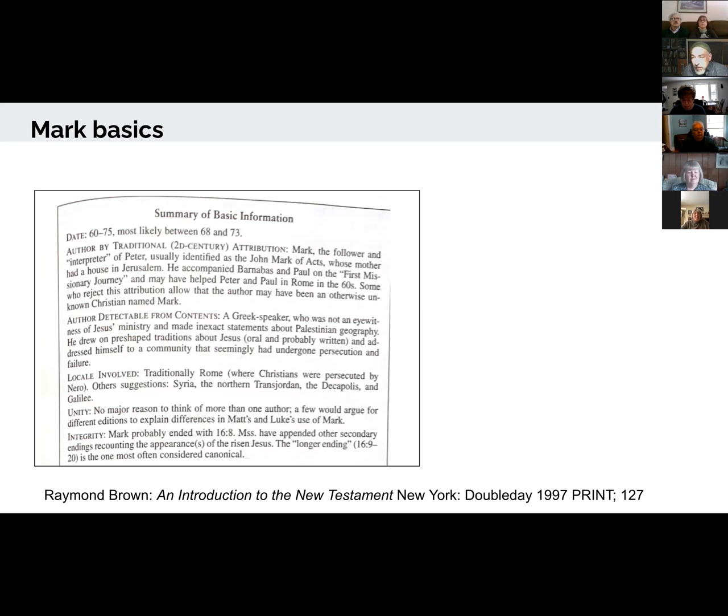Basically, it just gives some real basics about the Gospel of Mark, and one of them is the dating. The likely dating of the Gospel of Mark is around 60 AD.